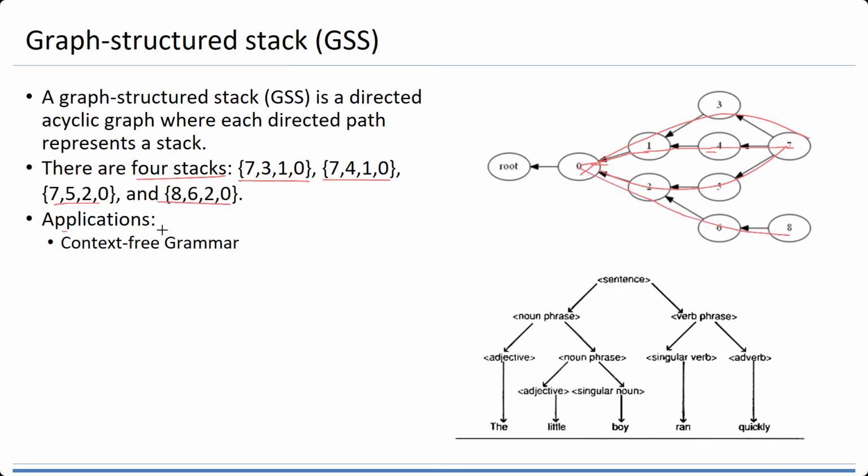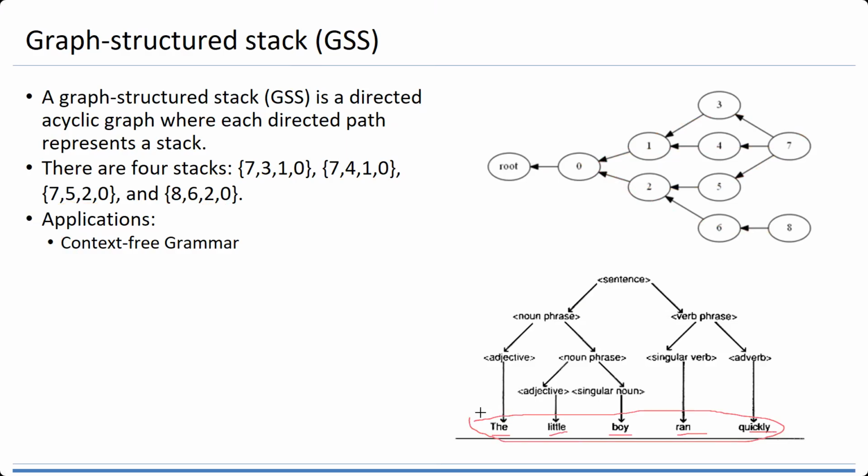Okay. So in the applications, we can look at the grammar. So in this kind of grammar, you have a sentence like this one. The little boy ran quickly.